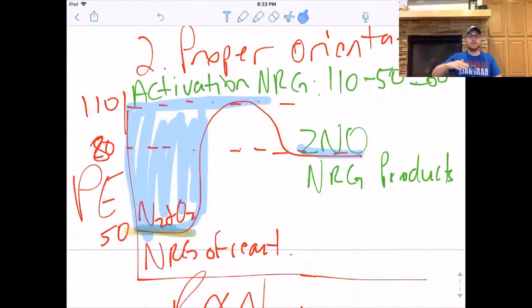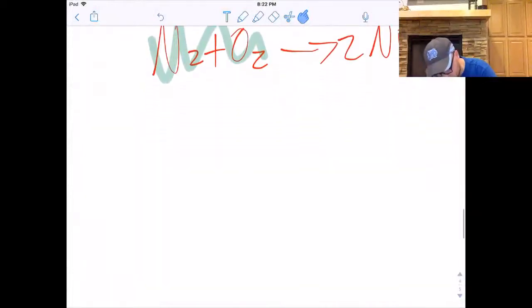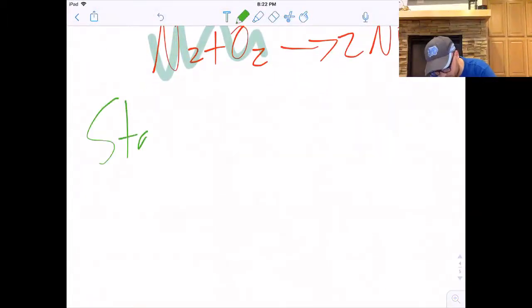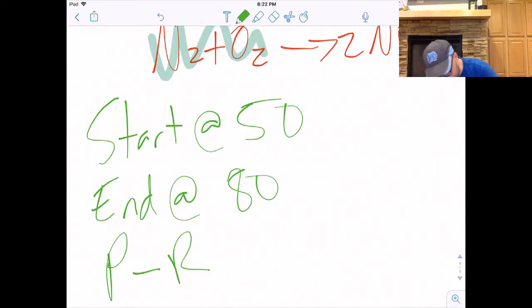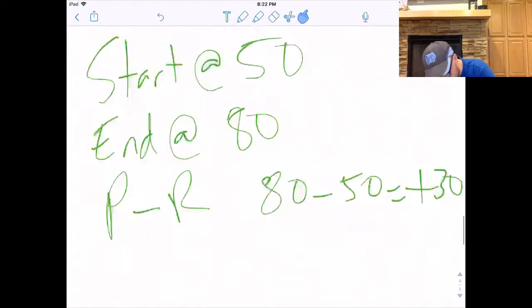There has been a net gain of heat. So we started at 50, we end at 80, and the products minus the reactants, 80 minus 50 is a positive 30. Which means our delta H is plus 30.